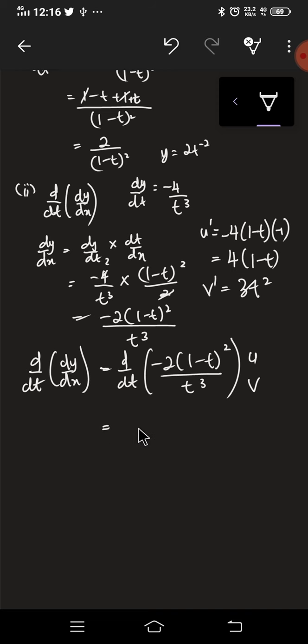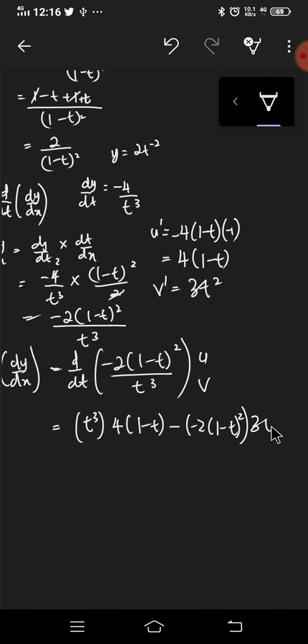So sub into the quotient formula: v u prime, so t cubed multiplied by u prime, so 4 of (1 minus t), minus u, negative 2 multiplied by (1 minus t) all squared, v prime, 3t squared, and divide by v squared, so (t cubed) all squared.